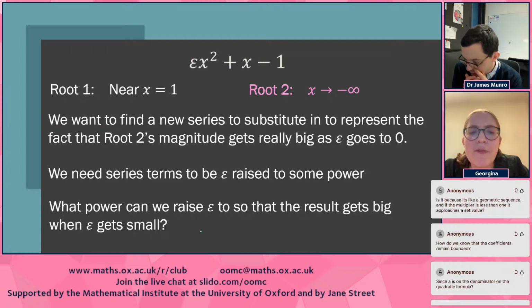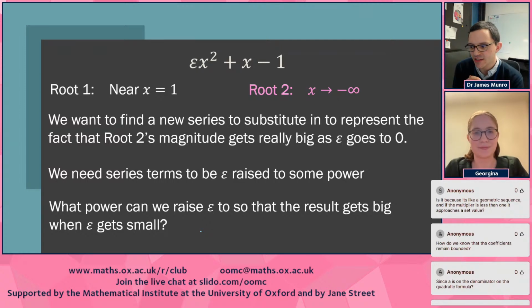But if we were confined to that format, what could we raise epsilon by? What exponent could we put on our epsilon so that the result gets big when epsilon is a small number? There's a question in the chat that says, how do we know the coefficients remain bounded? Which sounds really clever, but of course the coefficients are just numbers. They can't hurt us. They don't depend on epsilon.